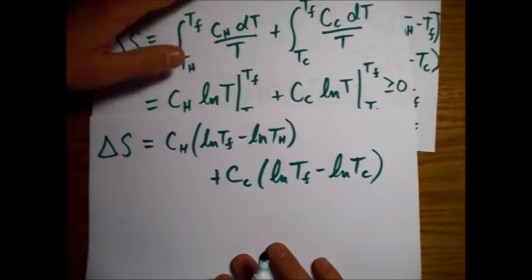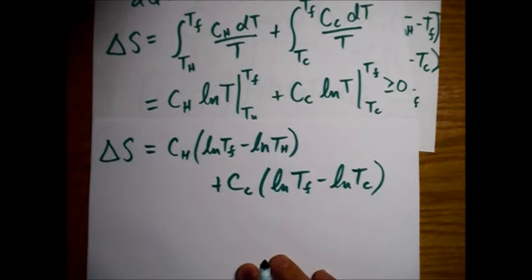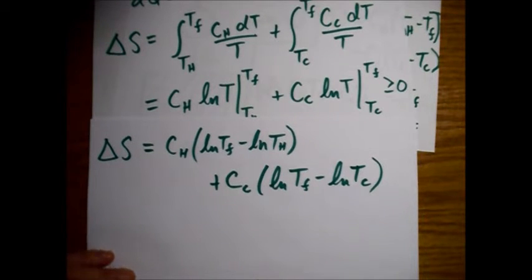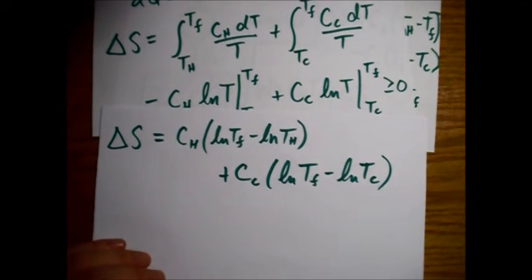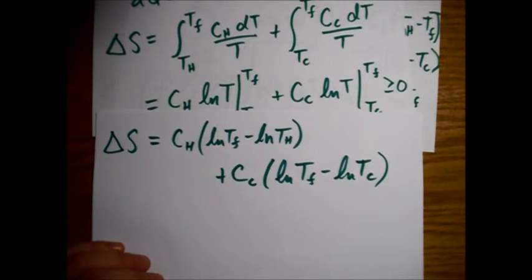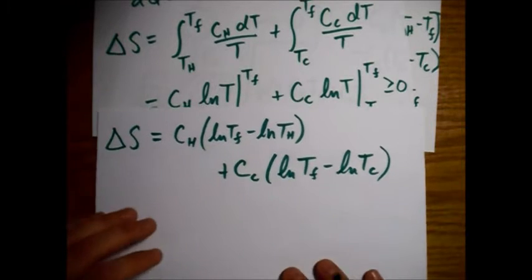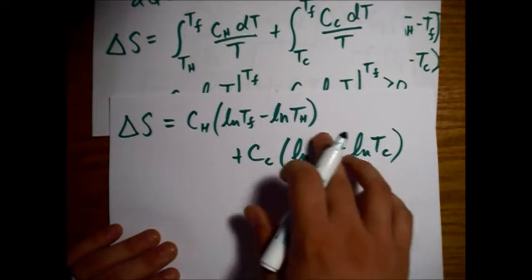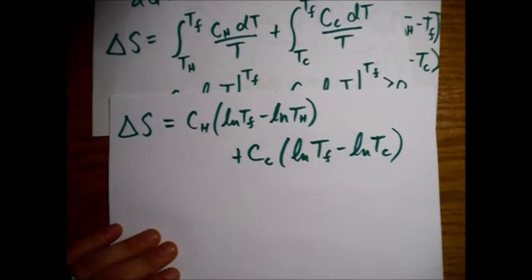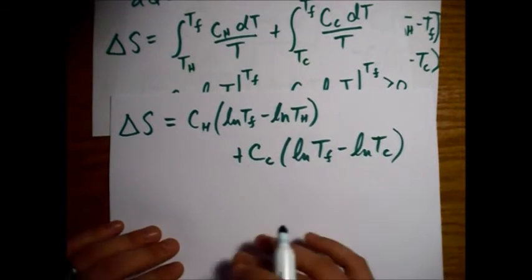The one that's increasing in temperature is going to be increasing in entropy, and the one that's decreasing in temperature should be decreasing in entropy. But how much depends on these C's and the T's.